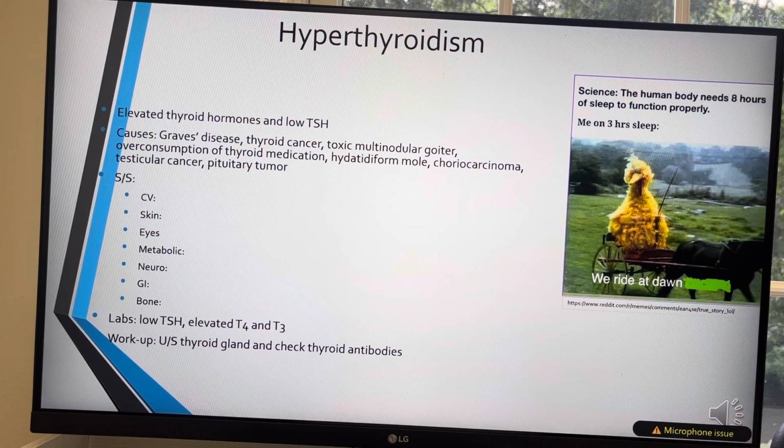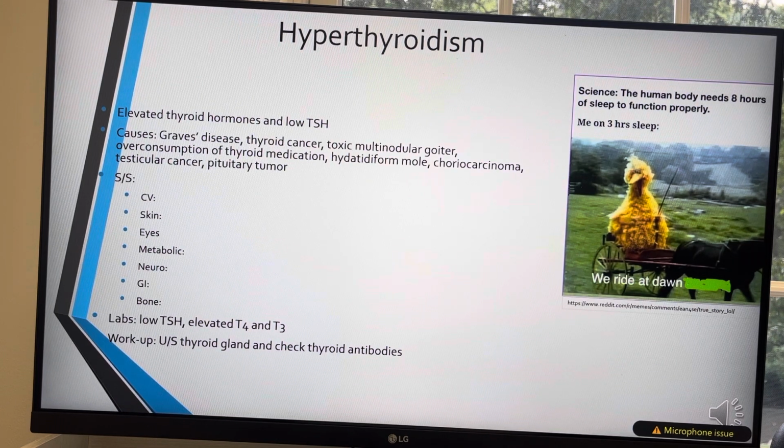More common in women who smoke. They're twice as likely as women who do not smoke to get this. With thyroid cancer, you can see hyperthyroidism, but it's more common to see a normal TSH and a normal T4. And we'll get to thyroid cancer in a second.